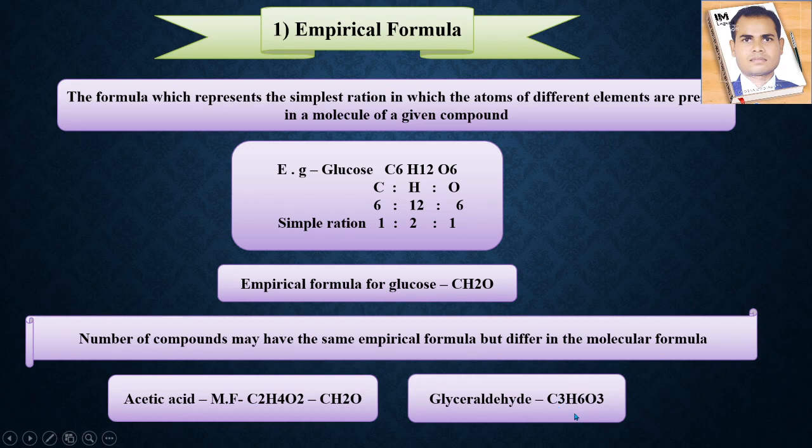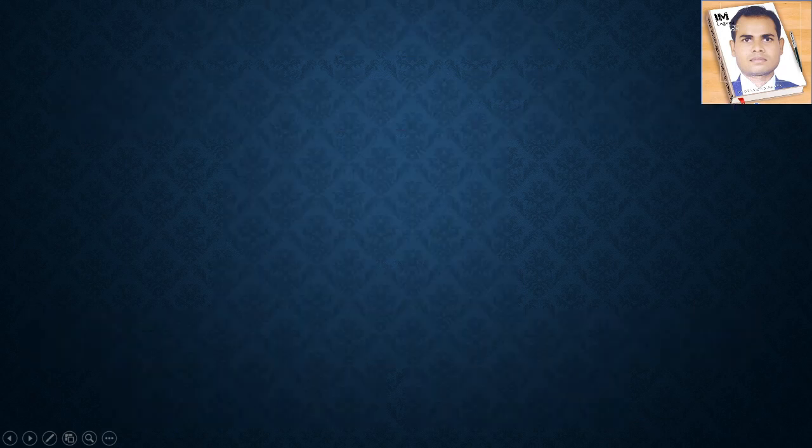So we can divide all numbers by 3: 3 divided by 3 gives 1, 6 divided by 3 gives 2, and 3 divided by 3 again gives 1. So you get the simple ratio 1:2:1, and again the empirical formula is CH2O.